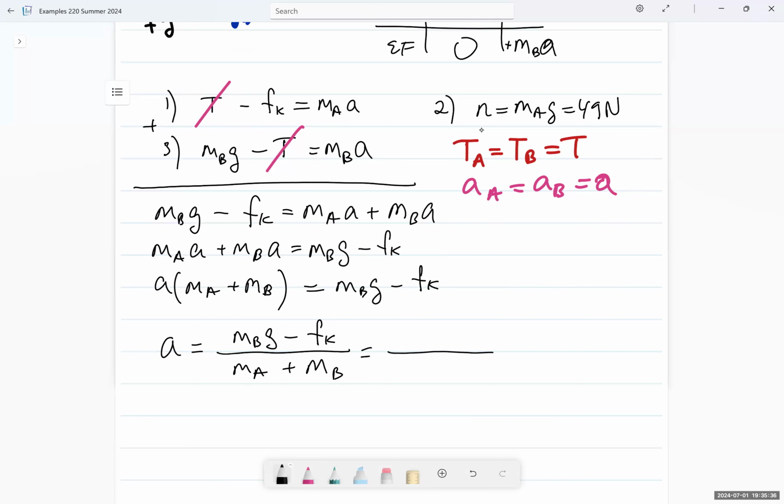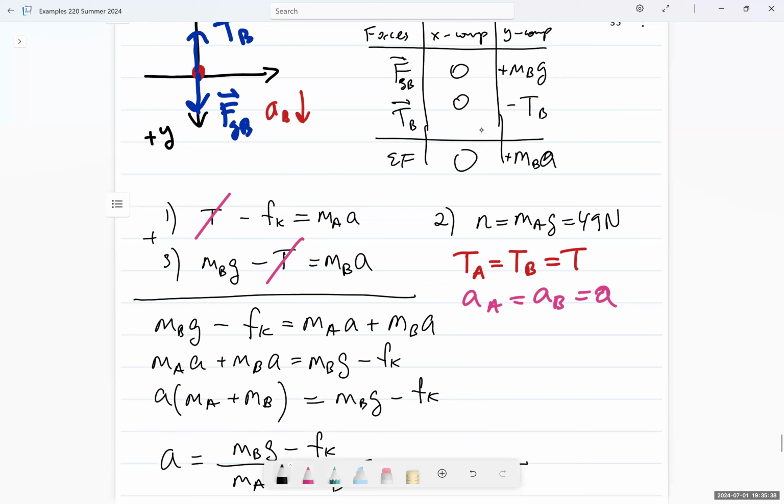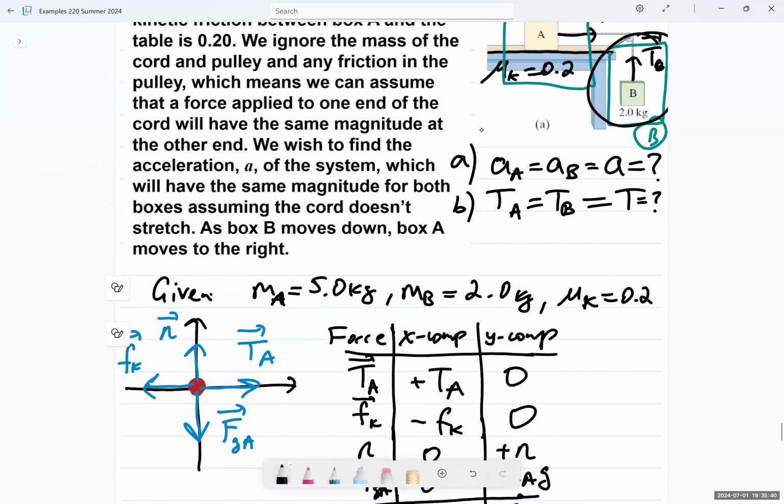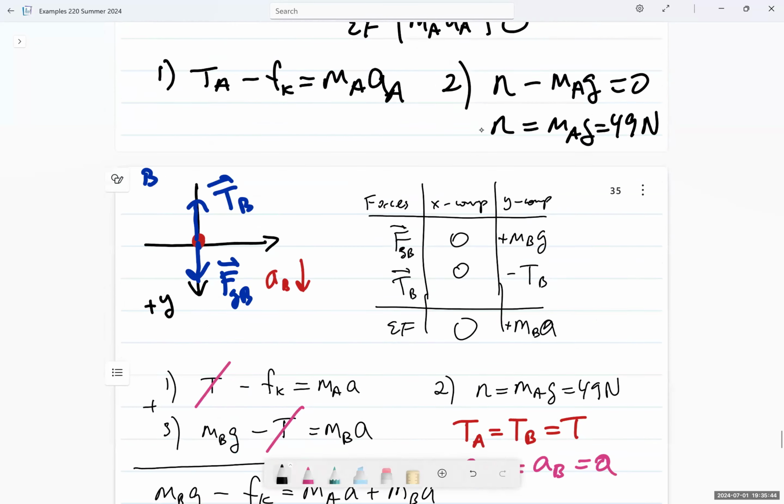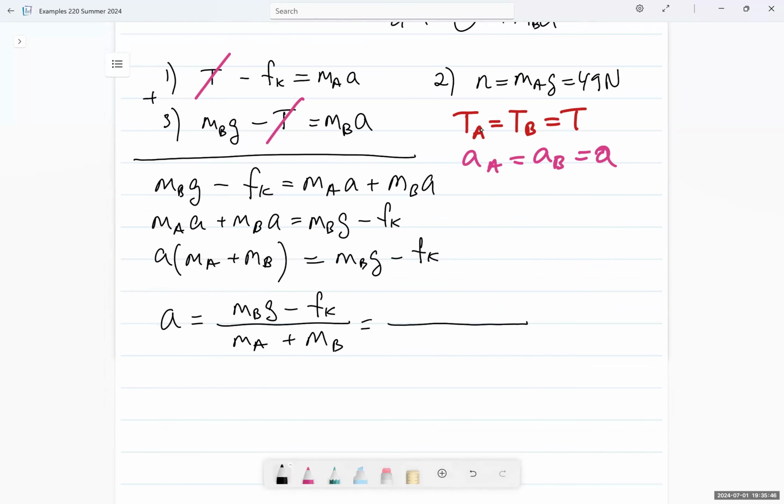All right, so then let's plug in values. I already forgot the mass values. So it's 5 and 2, and 0.2 is that, okay. That means it's 2 kilograms times 9.8 meters per second squared, then minus F of K. Well, F of K, remember, is mu K times normal force.